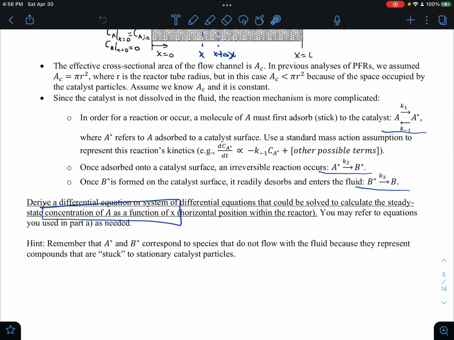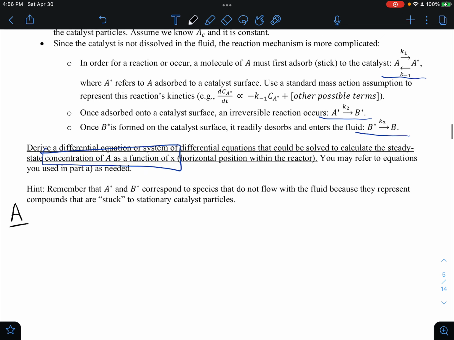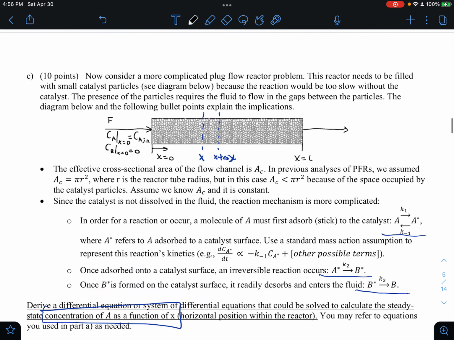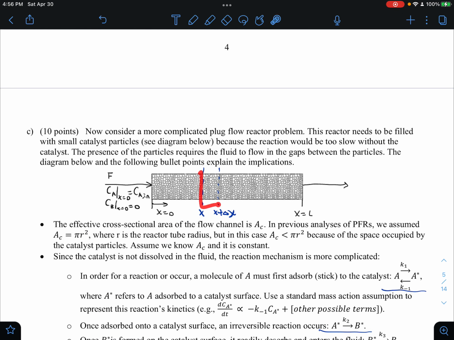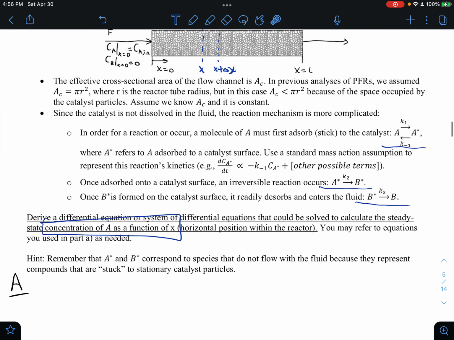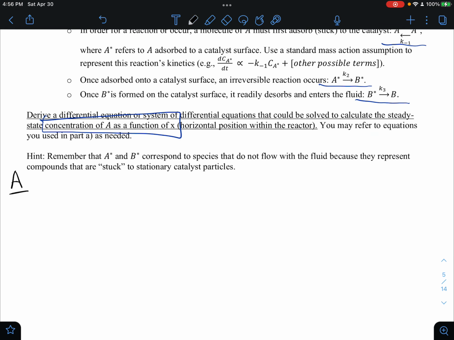So again, the hint here is remember that A star and B star do not flow. Since the problem is asking about compound A, let's do a balance on A. Remember, our control volume is between x and x plus delta x. Okay, so the input is going to be F C_A delta t at x.